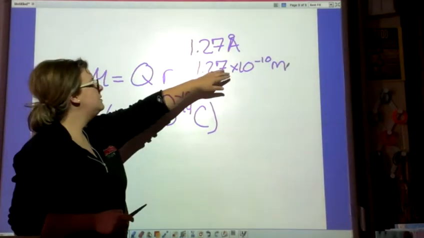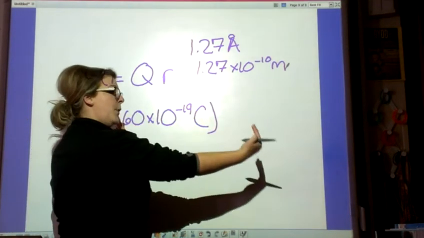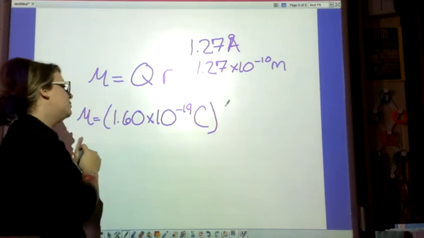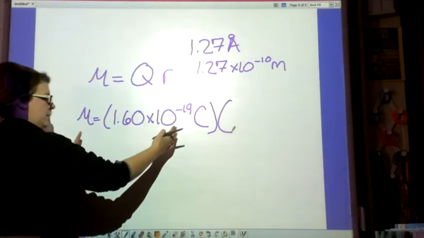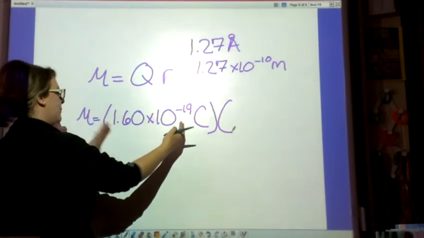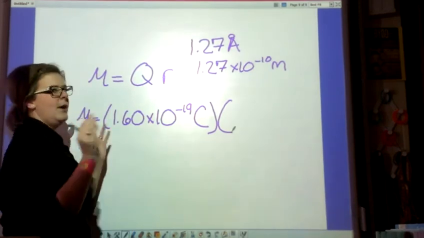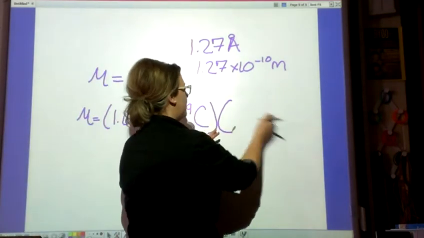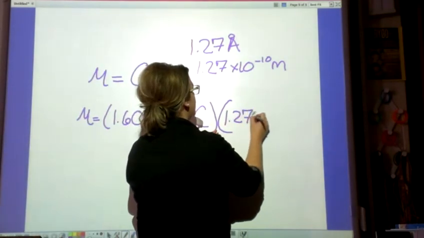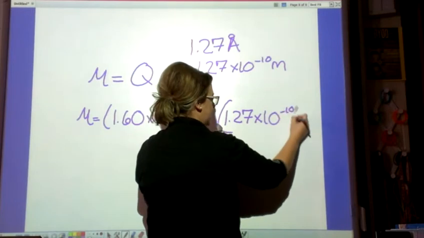So let me do this for my R, because that's the bond length that's separating the hydrogen from the chlorine. So I have that 1 charge, either positive 1 or negative 1, I'm just thinking about its magnitude. So I have my charge times the distance separating them, which is 1.27 times 10 to the negative 10th meters.